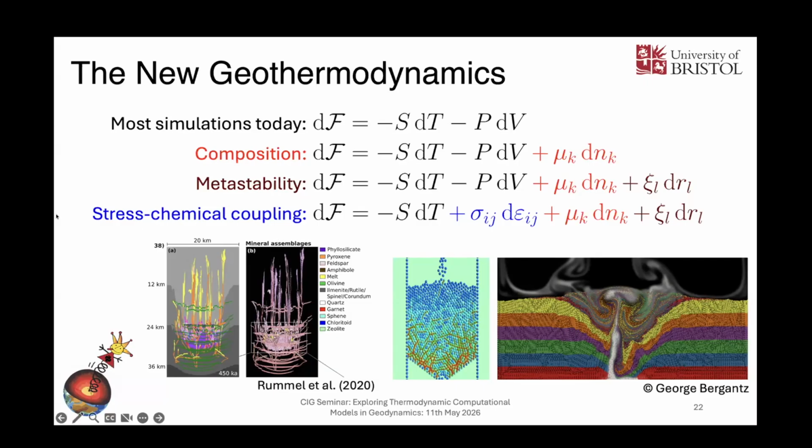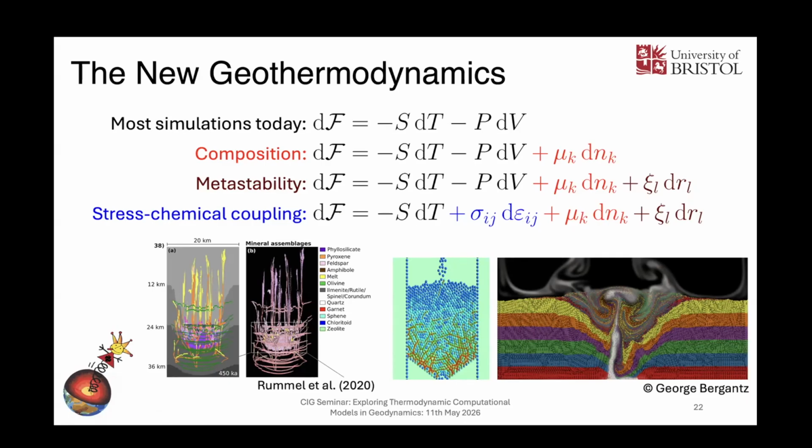And finally, we've not really done very much in the way of stress chemical coupling. And I think this will become much more important as we start to consider situations where we have mushes in magma chambers behaving as real mushes.